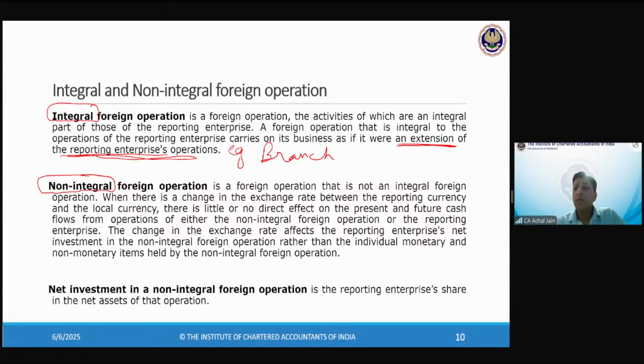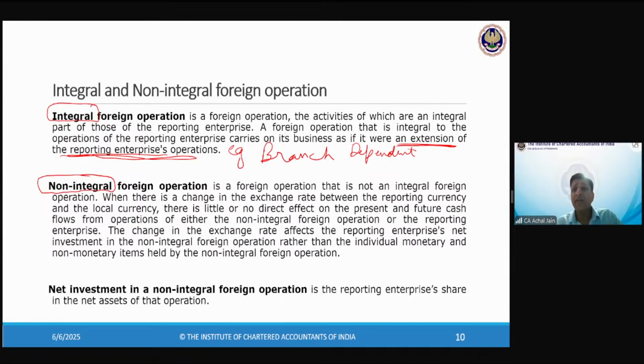Now, in relation to assessment of whether that is integral or non-integral, we have some criteria available. There are a few ways through which we can find out. When it comes to integral foreign operations, you will see that they are generally dependent on the parent, for example a branch.